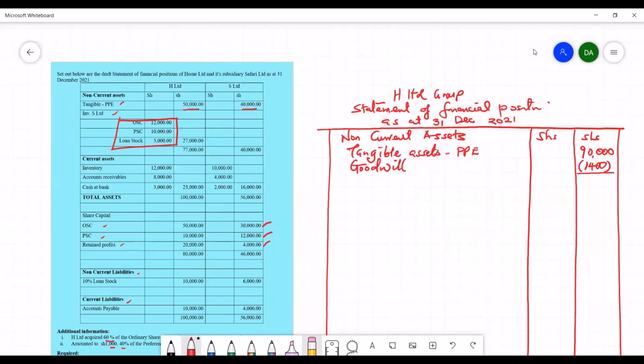And now we have 90,000 plus negative 1,400. So we are going to have 88,600. That is the non-current assets. Let us go to current assets.